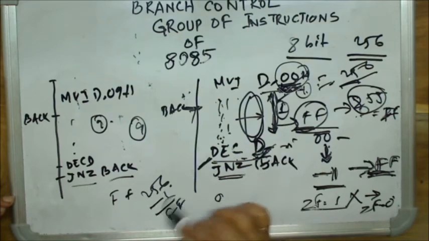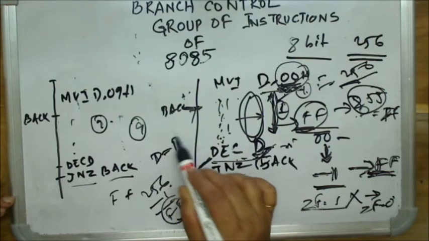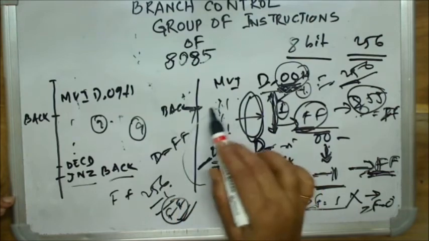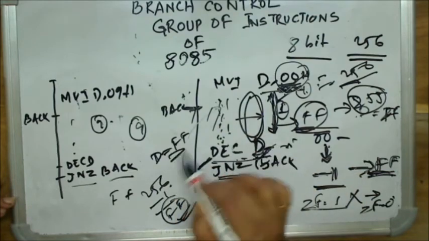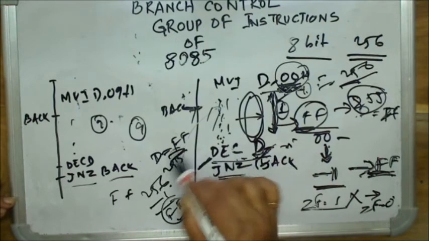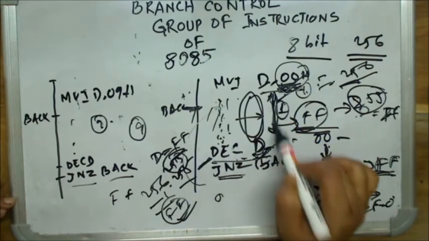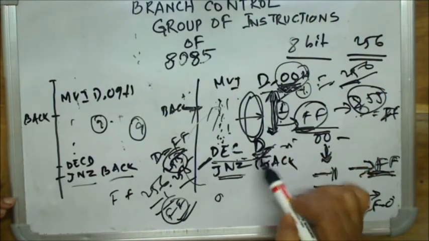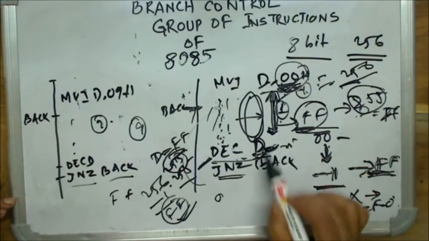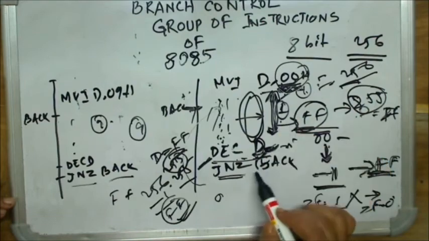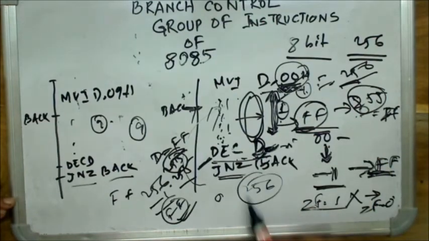That is, your register will be loaded with FF, 255, and the loop will run. You will get 255 iterations, and one iteration was already done before it became 255. So in total it becomes 256 iterations.